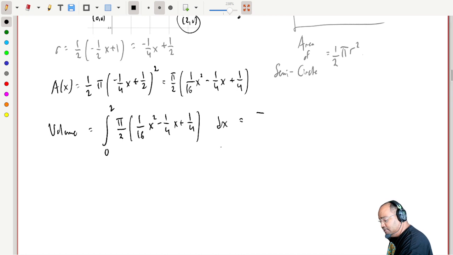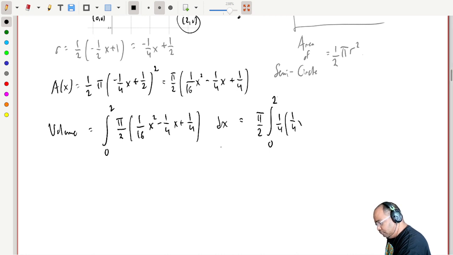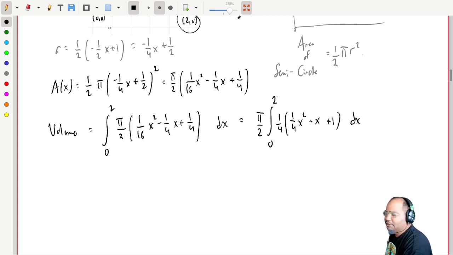So let's first pull out the pi over 2 as a constant. And then I'll go ahead and pull out a common factor of 1 over 4. Okay, so we'll have 1 over 4 times 1 over 4 x squared minus x plus 1 dx, just to make our work a little bit easier. We don't have to do that.